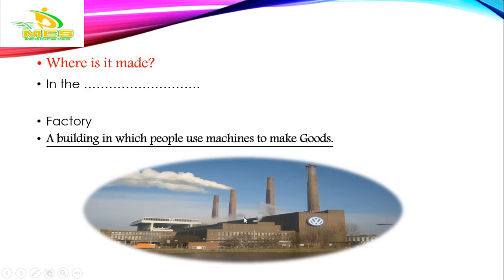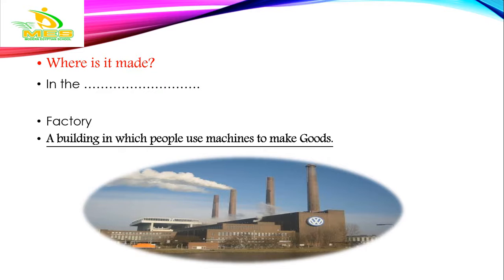So this is the factory. This is where the bats are made. So the bats are made of what? Of wood. And the wood is coming from where? Coming from the trees. The trees, we consider them as what? As a raw material. Raw material is a natural resource that we use to make a product.